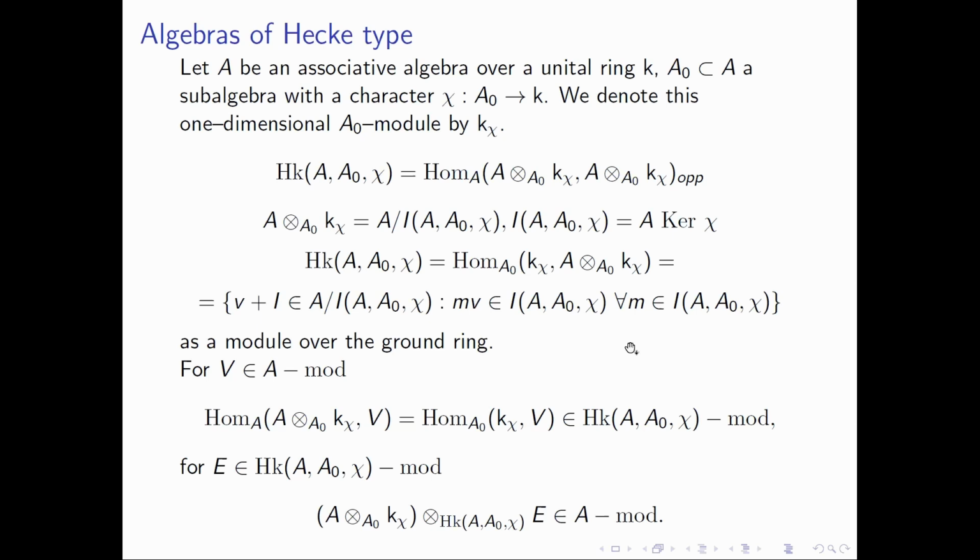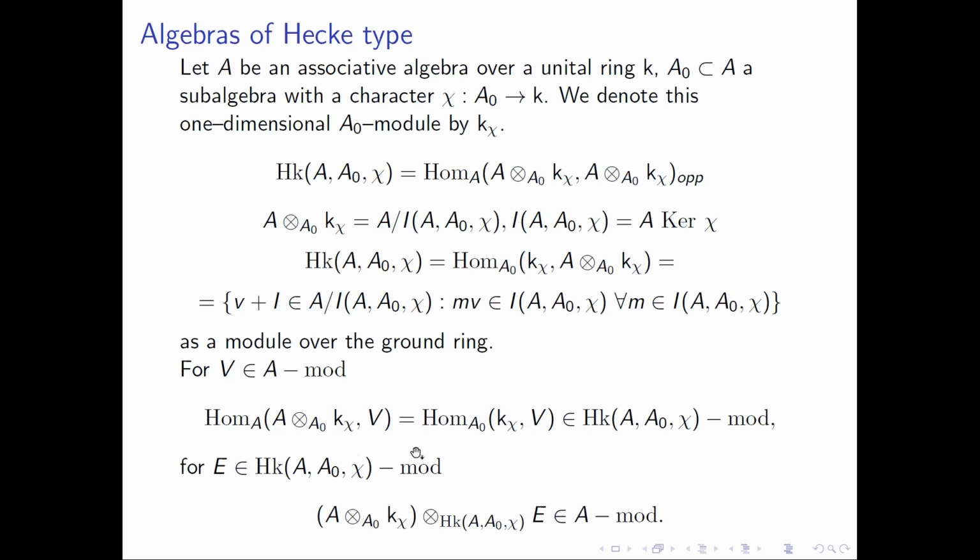The importance of these algebras comes from the following fact. Consider an arbitrary A-module E. Then, given this module, we can consider its subspace of A0-invariants, given here. And then this subspace is naturally a module of the algebra HK of A0 and chi, because here you see we can compose endomorphisms of this induced representation with homomorphisms.